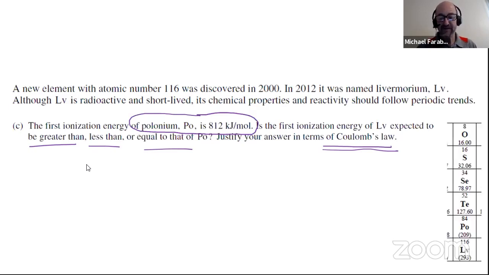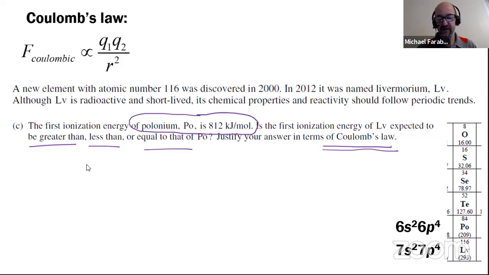Coulomb's law will help us because Coulomb's law relates the attraction between charged particles to either charge or distance. Now, if I go from polonium to Livermorium, I now have a higher energy level for the shell. So we go from level 6 to level 7.